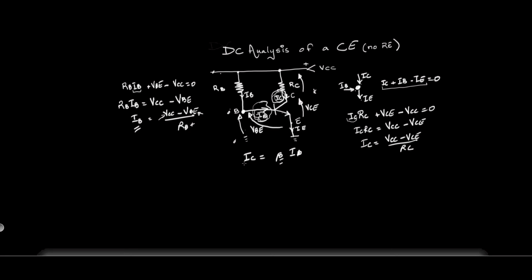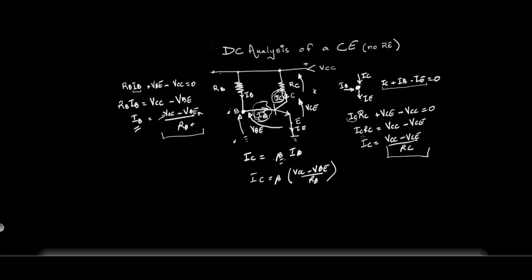So knowing that, can we substitute either side with either this or this, depending on what we're looking for? For example, let's say we want to find IC based on beta, then we could do IC equals beta times VCC minus VBE over RB. So this is one way to find IC.